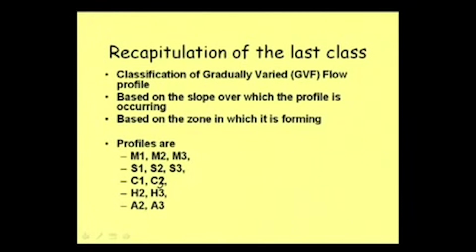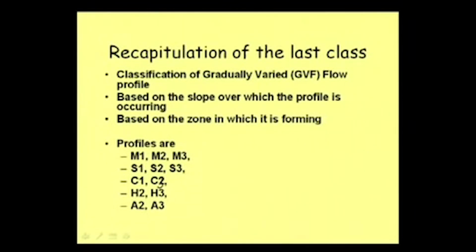Because zone 2 does not exist in case of critical slope, because the normal depth line and critical depth line coincide in case of critical slope. So, that zone itself does not exist. So, the profiles are C1 and C3.